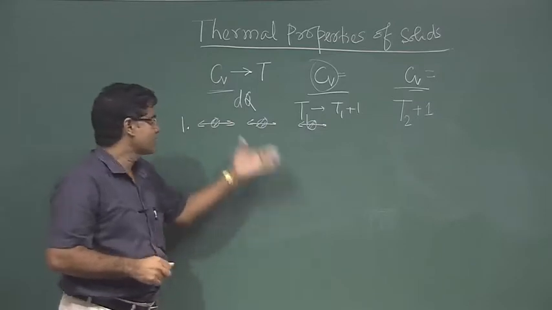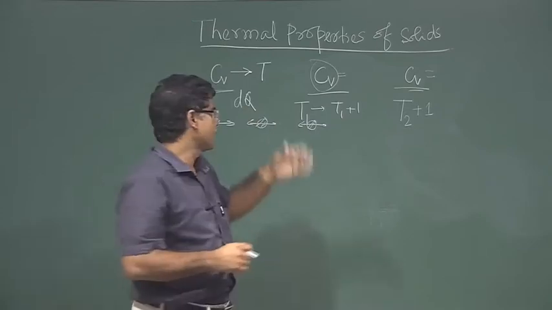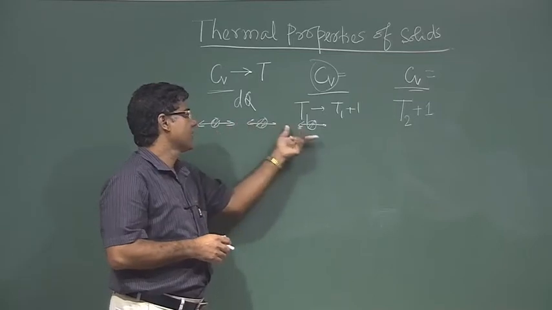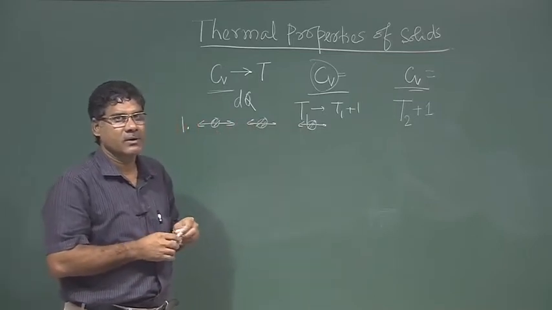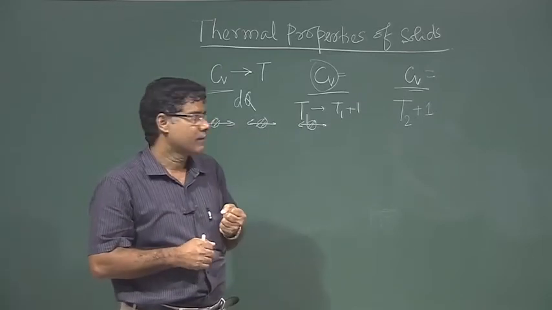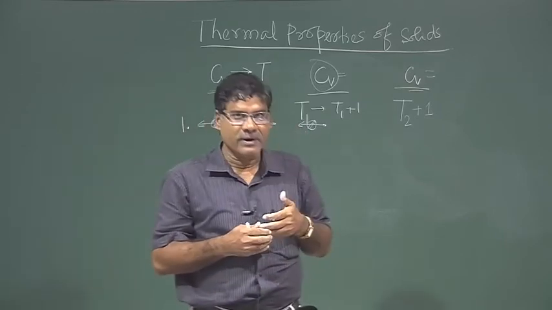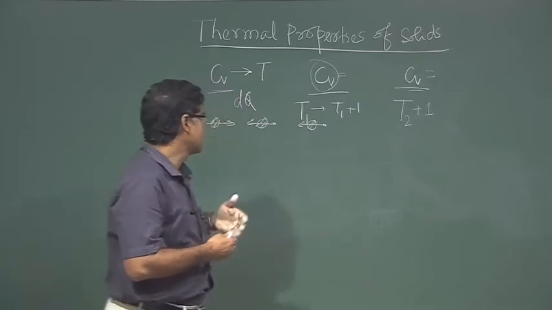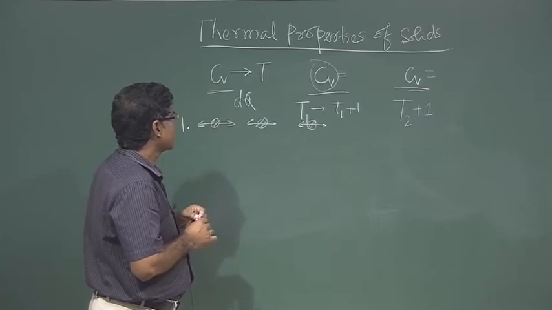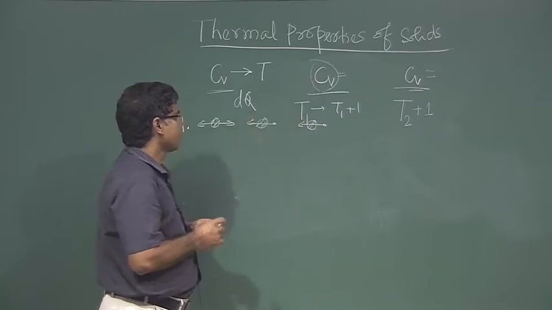So, its potential energy and kinetic energy will change. Due to this heat, the potential energy of the lattice and kinetic energy of the lattice points will change, so they are absorbing heat in terms of vibration of the lattice points. This may be one source of contribution in Cv.